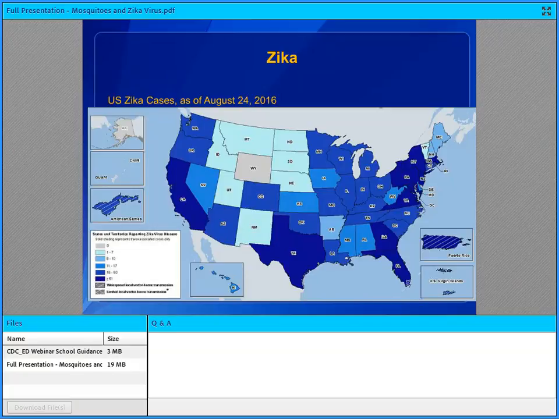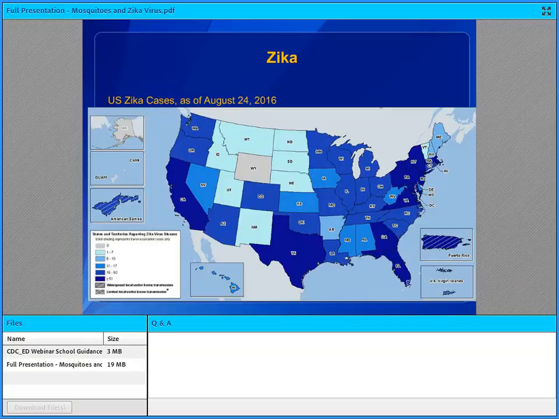This map includes all of the 48 states as well as Washington, D.C. But it represents mostly people that acquired Zika while traveling abroad to the Caribbean, Mexico, and South America, and then came back with the infection in their system.